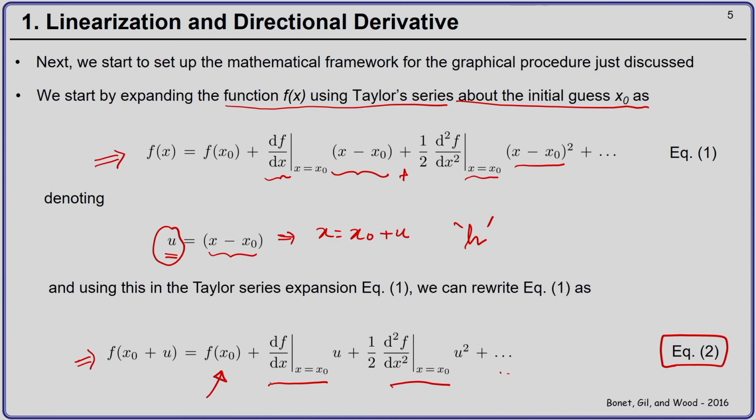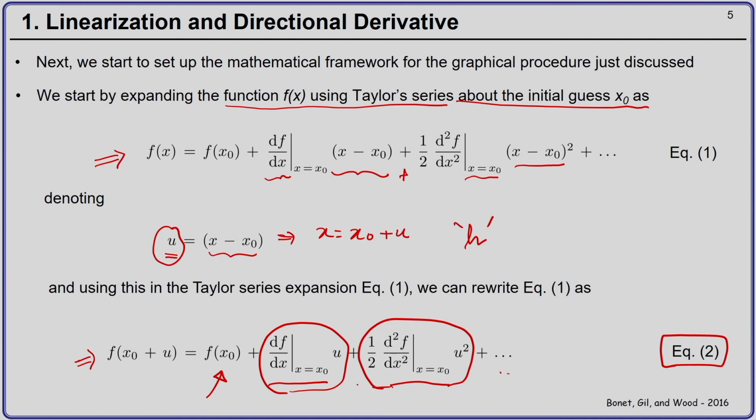The second term is a linear function in u, because u has a power of 1. This df by dx evaluated at x equal to x 0 is also a known value, but u is unknown for you right now. Similarly, the third term is a quadratic term, where u is u square, therefore it is a nonlinear term in u.